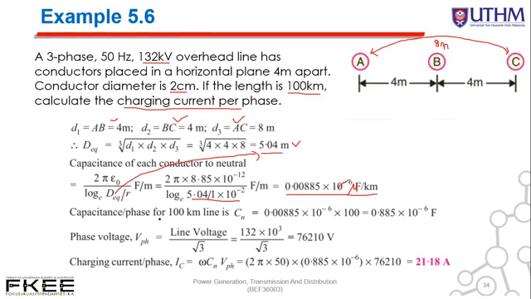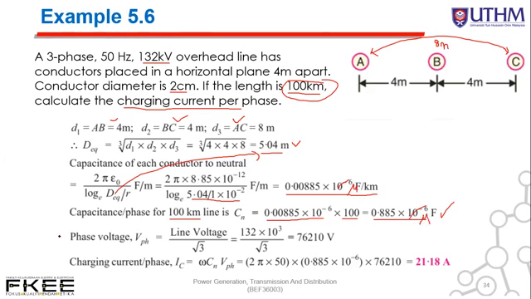While the capacitance per phase for the 100 kilometer line, given 100 kilometers here, is Cn equal to this value times 100, so equal to 0.885 times 10 to the power of minus 6 farad, or simply 0.885 microfarad.